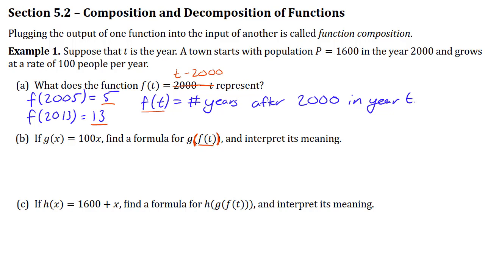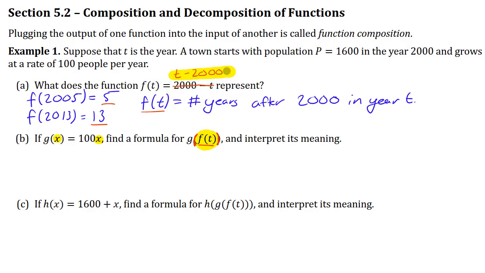So to do g of f of t, what that means is I'm going to take the x here, the input into G, and that x is going to be f of t. But what is f of t? F of t is t minus 2000.